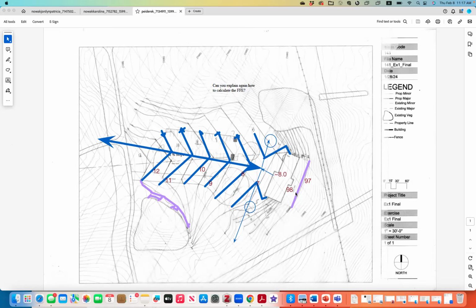We might want to 7, 6, 5, and then 6 and 5. And then when we get to 94, the labeling is a little confusing though.